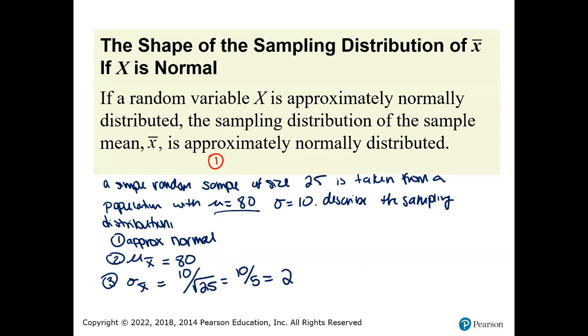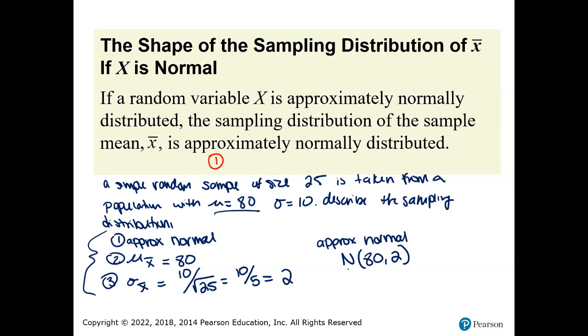So that is how you would start any of these problems when it asks you to work with a sampling distribution. All three of these things are required to be listed. Another way that you may see in textbooks, or if you're looking at other resources online, you could write it like this: approximately normal with the distribution N(80, 2).